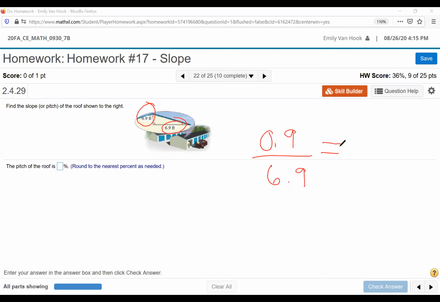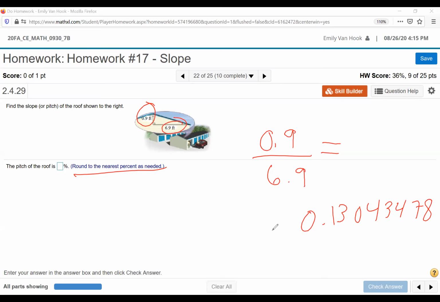Okay, now we're being asked to round to the nearest percent. So that tells me we're probably going to get a decimal that's not so nice. So I'm using my calculator, 0.9 divided by 6.9. I'm getting a really long decimal, 0.13043478. Okay, I don't need all those digits, but I'm going to keep them for now.